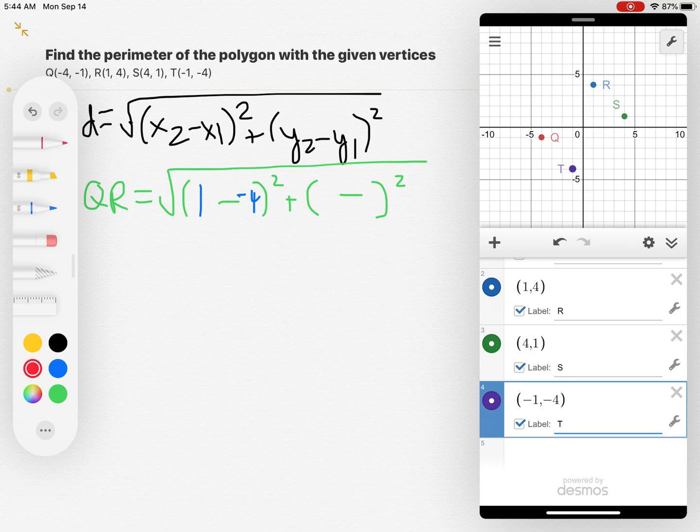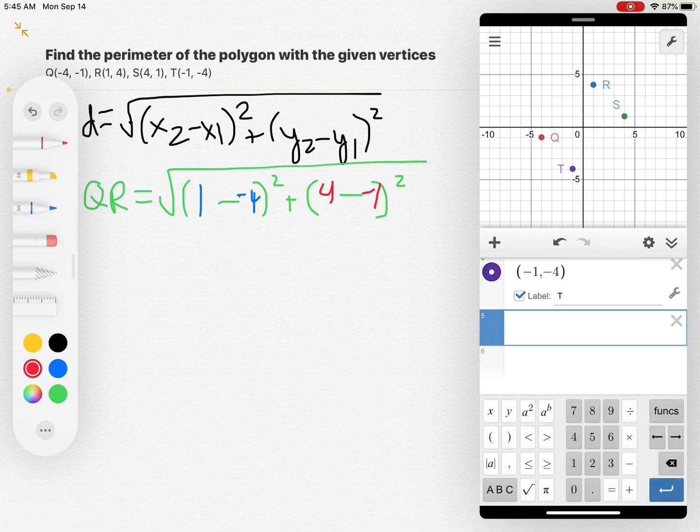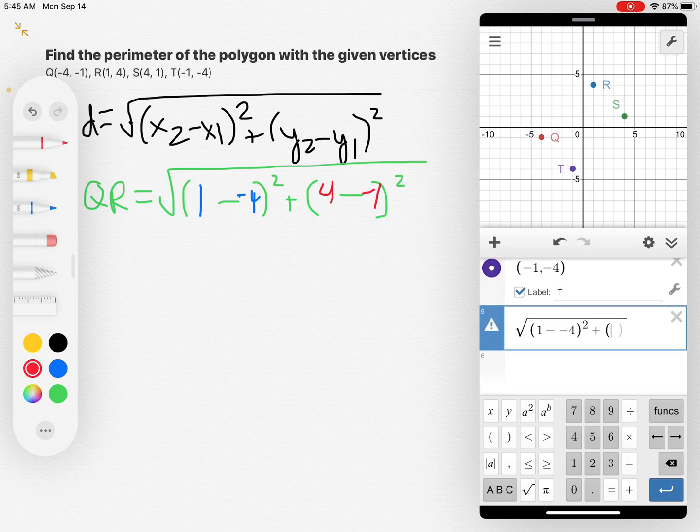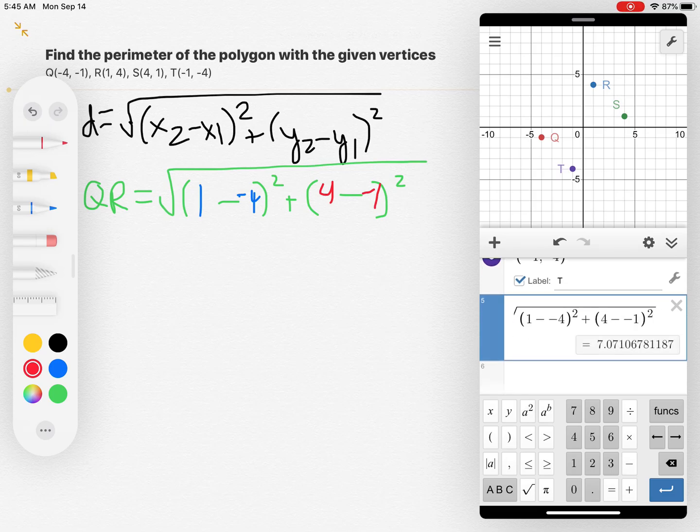R's y coordinate is 4 minus Q's y coordinate is negative 1. And then let's put that distance formula into Desmos. Square root 1 minus negative 4 squared plus 4 minus negative 1 squared. We get a crazy decimal, which is perfectly fine. QR is 7.07 if we round to 2 decimal places.